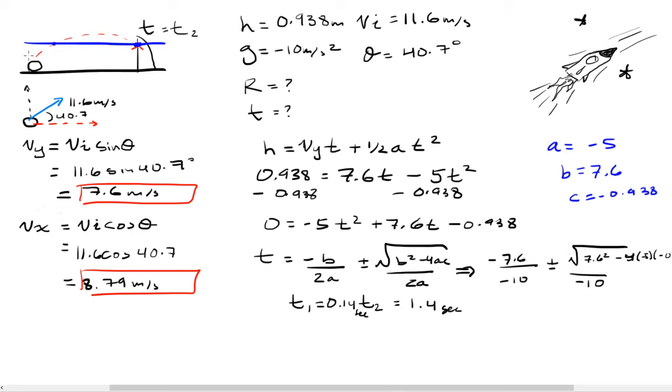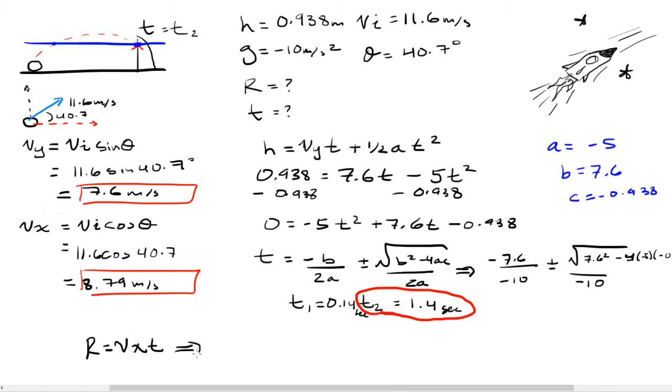We're going to focus on this second time here, because that's what we're going to plug into our final equation, home stretch. We're going to use the r equals vx times t equation, because we're solving for the range.